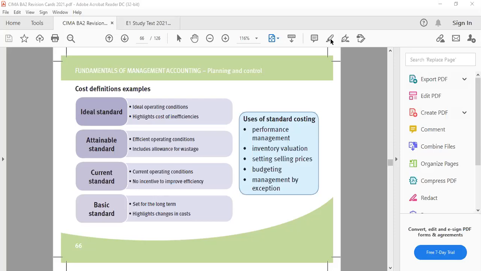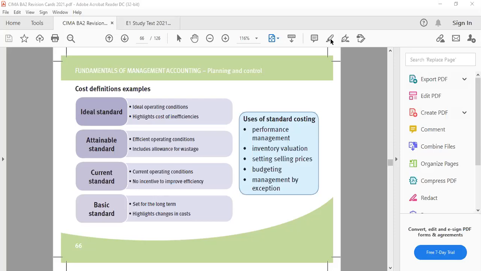Then we have another, current standards, based on current operating conditions, with no incentive to improve efficiency. At the current level, current operating conditions are the current standards. Whatever the situation is at present will be taken as the standard, so there is no incentive to improve efficiency.